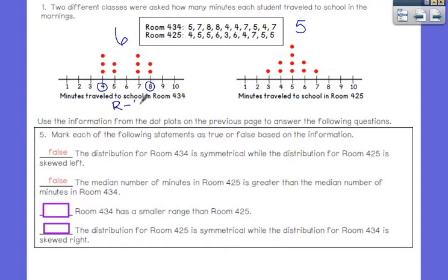My range is 4 here. Okay, smallest, largest. 7 minus 3, my range again is 4. So it says this room has a smaller range than this room. No, they're equal, so that would have to be false.